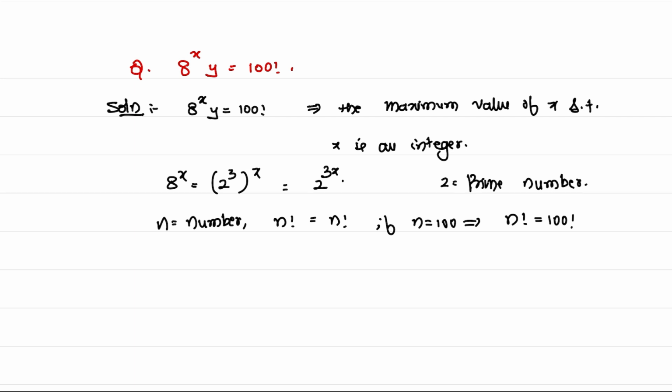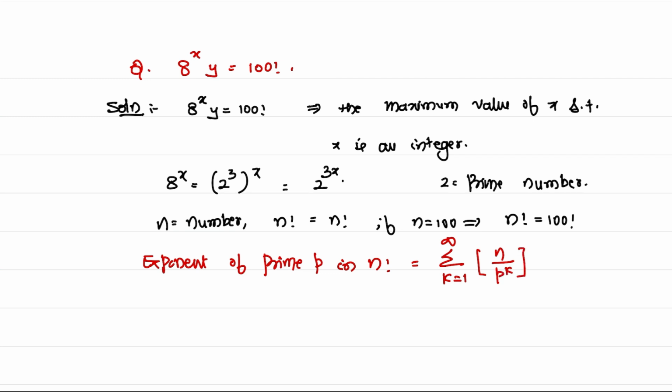And 2 is the prime number. If there is a prime number p and there is a factorial of some number n, then there is one particular rule or theorem: the exponent of prime p in factorial n is given by the sum of k equal to 1 to infinity of n by p to the power of k.